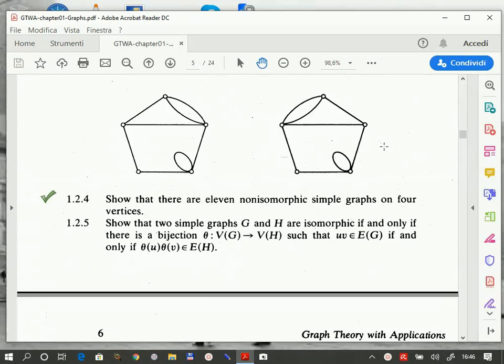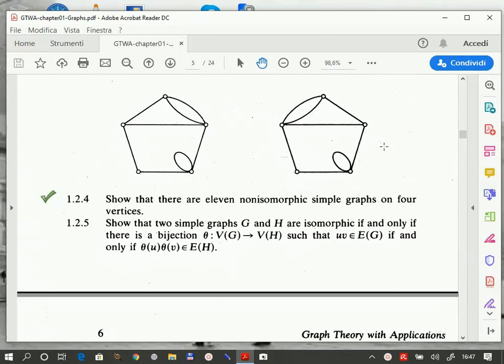Two possibilities. Possibility 1, theta of A equals Y, theta of E equals U, or 2, theta of A equals U and theta of E equals Y. Do you agree?